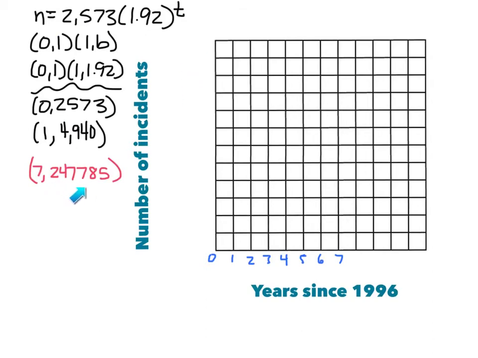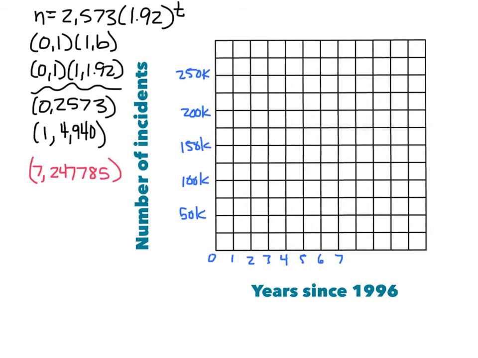So I'll label every other one by 50,000s. So 50,000, 100,000, 150,000, 200,000, 250,000.